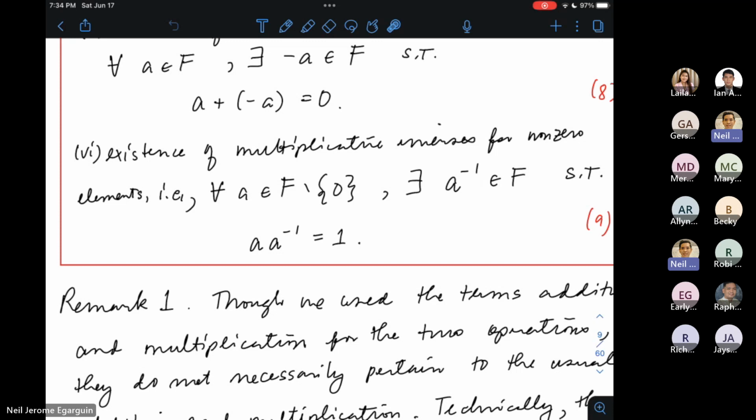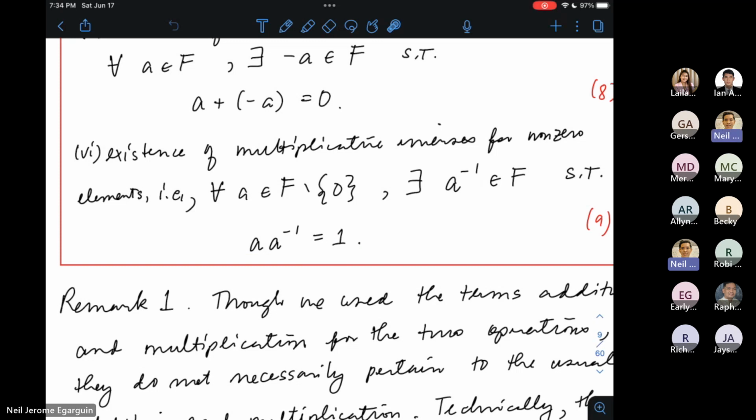Sino ang multiplicative identity natin? Siya si unity. So if I give you a number A or an element A, you need to look for the number A inverse such that pag pinag-multiply ko si A at saka si A inverse, ang sagot ay unity, or the multiplicative identity.